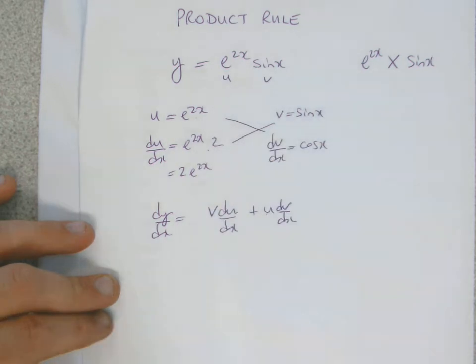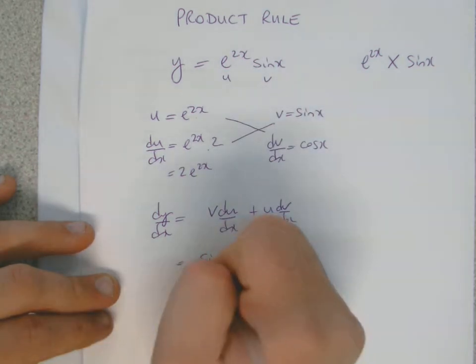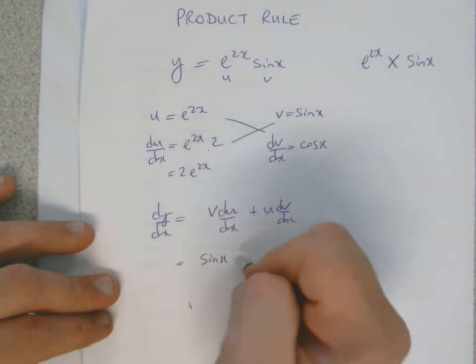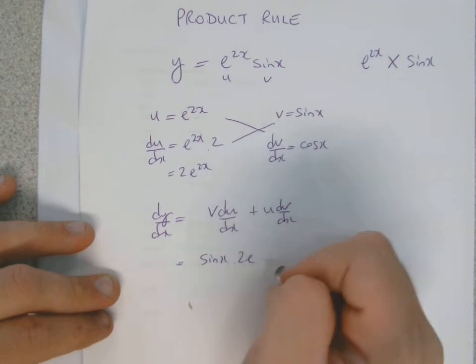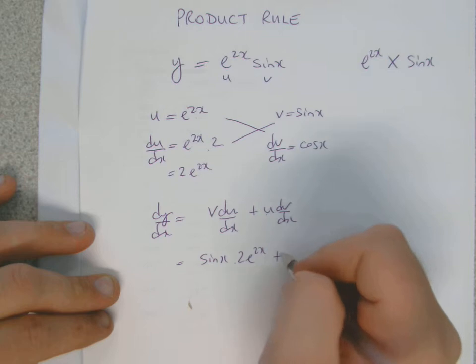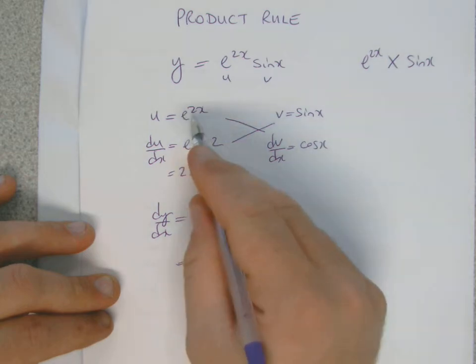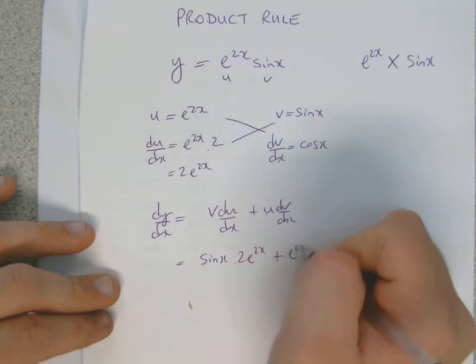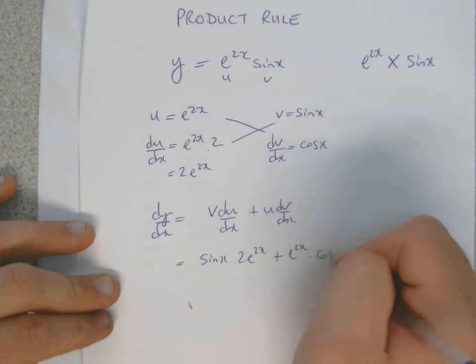So if we write that out, sine x is what v is, du dx is 2e to the 2x, plus then u, which is e to the 2x, times dv dx, which is cos x.